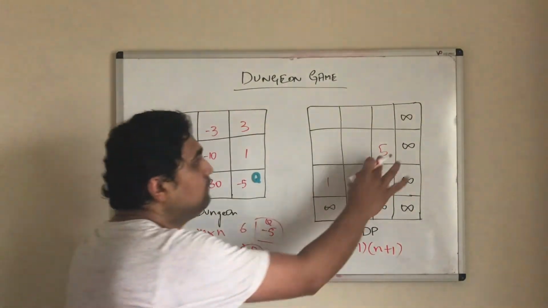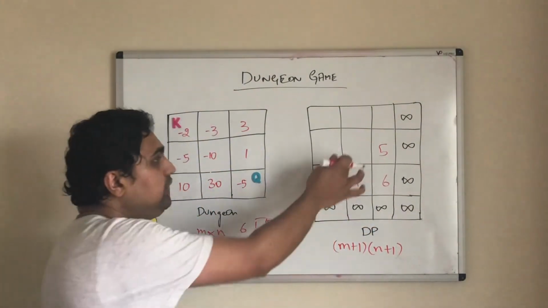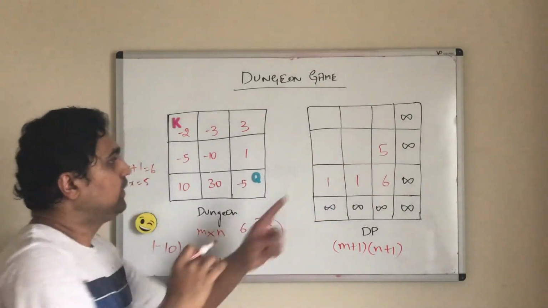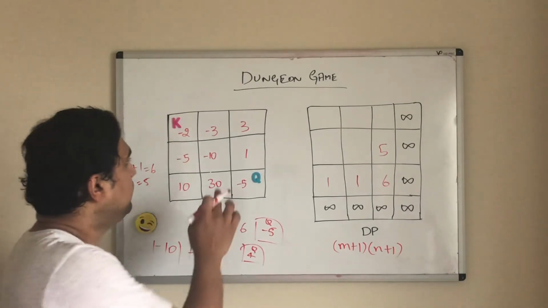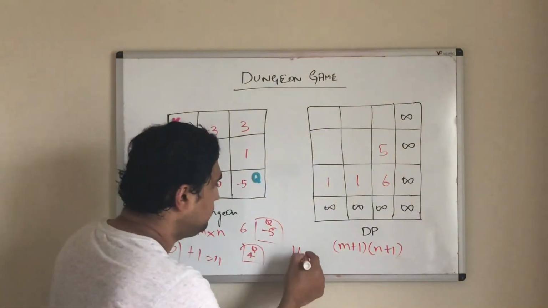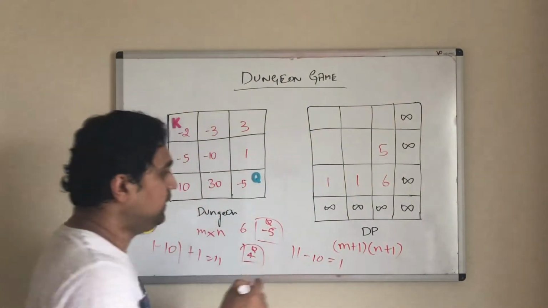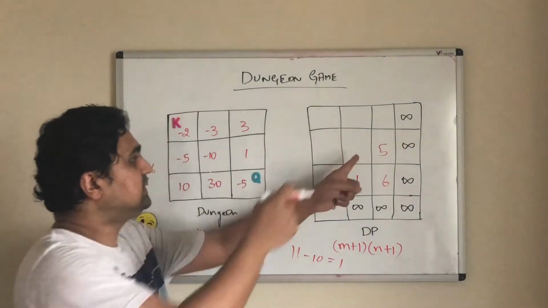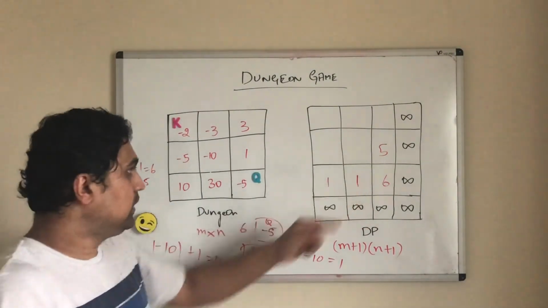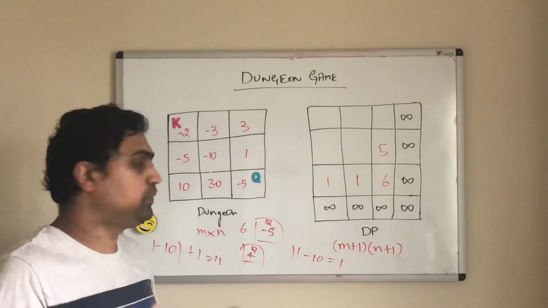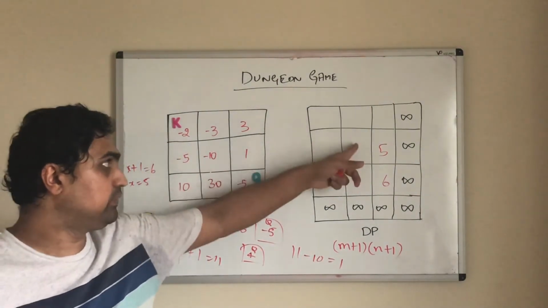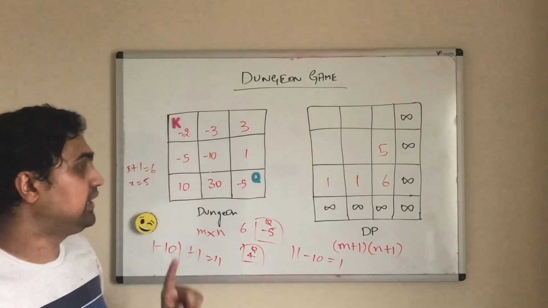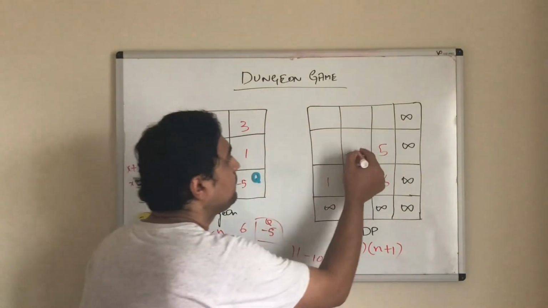Now the minimum between these two is 1, so he'll try to go down this path. When he enters this cell with a value of 11, his health will be reduced from 11 minus 10, which is equal to 1. So he is able to go down this route and save the queen. So the minimum health the knight requires in order to enter this cell either from the top or from the left is at least 11.